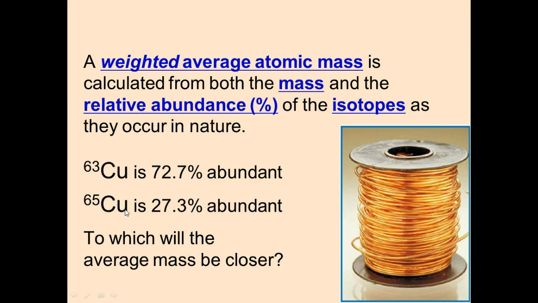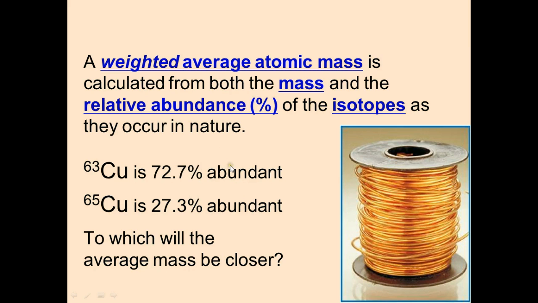Well, if you think about it, 63 is more abundant. It's 72%, while 65 is about 27%. Because there is more 63, it will be closer to this value.